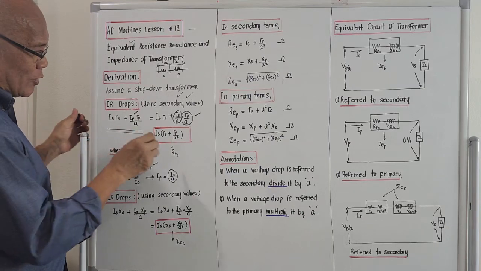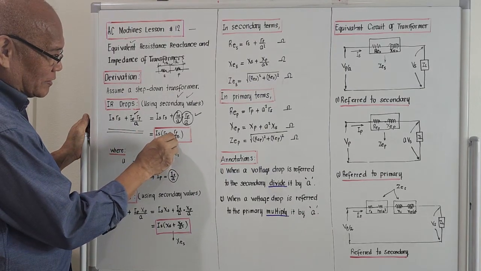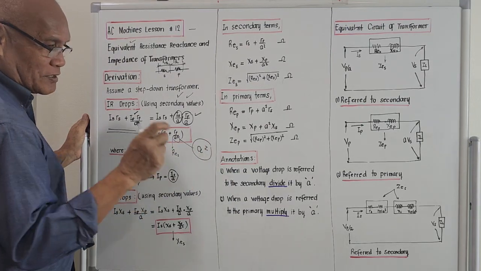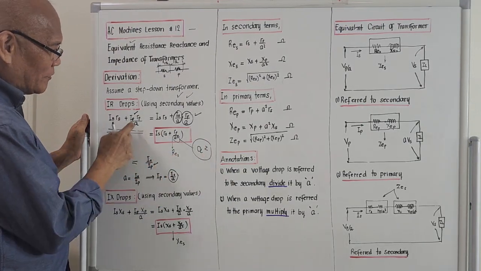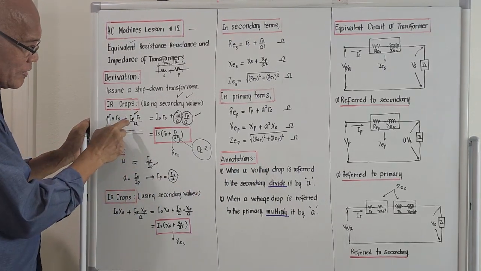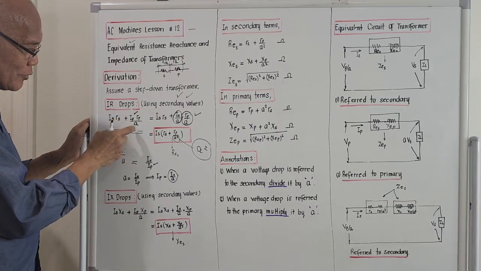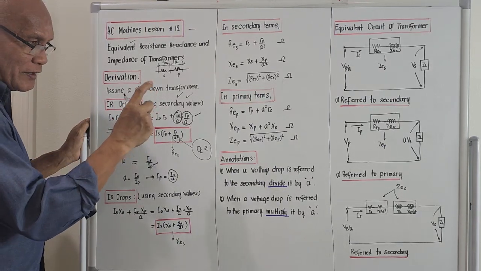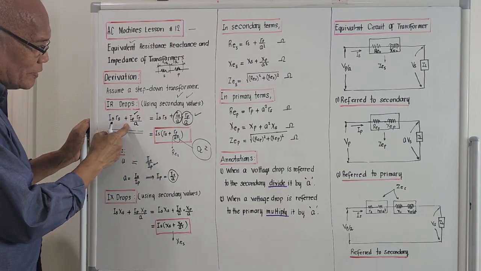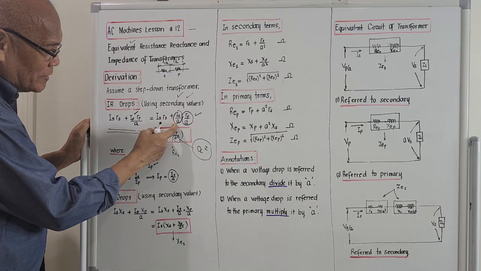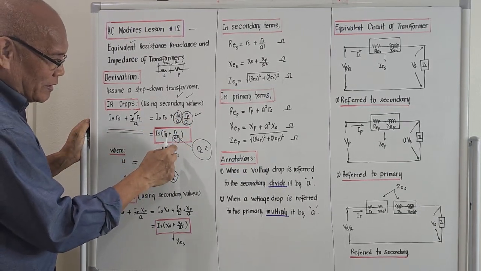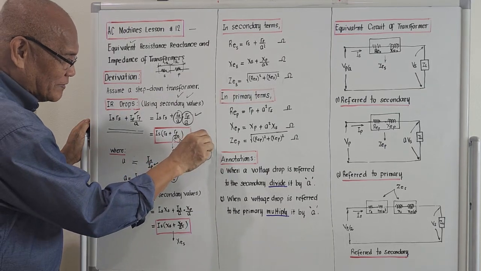This is now the reason why I am telling you last night there is an A square over here. Where does this A square emanate? It emanates from this, right? Originally, for this IPRP to be referred to the secondary, we divide it by A. And again, the next A came out from the equivalent of IP, which is IS over A. So A times A will be A squared. So that's where the A square emanates, right?